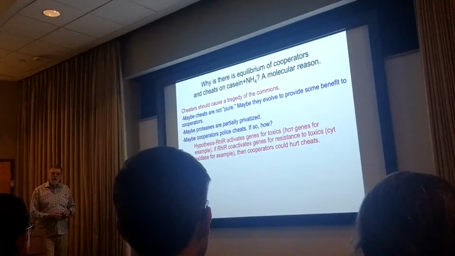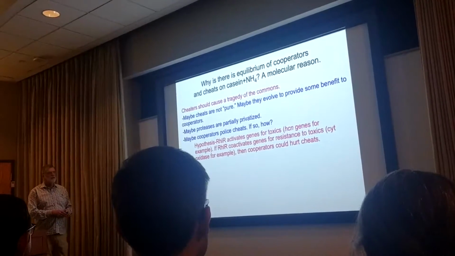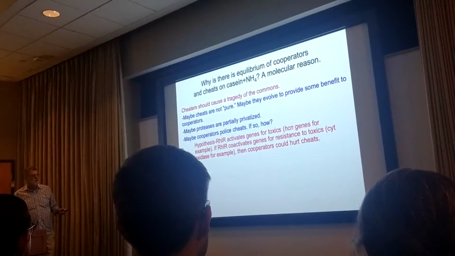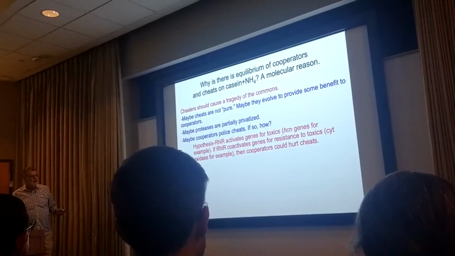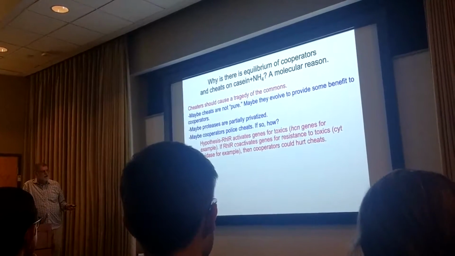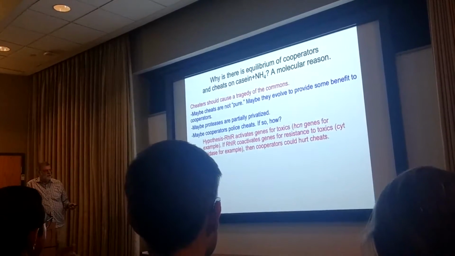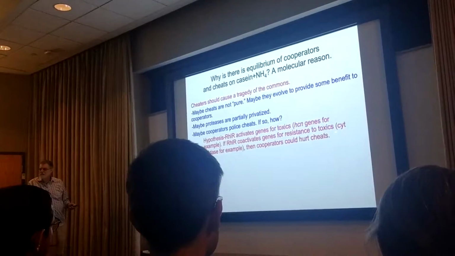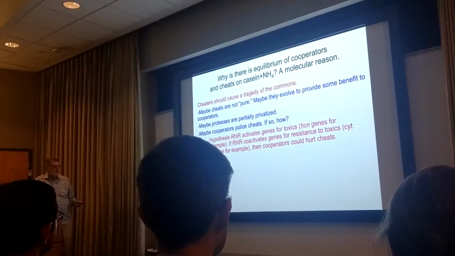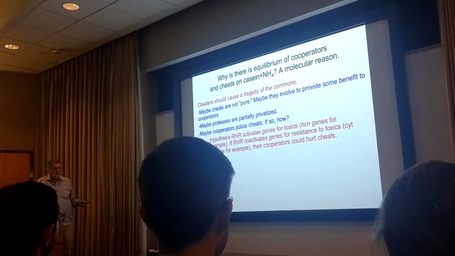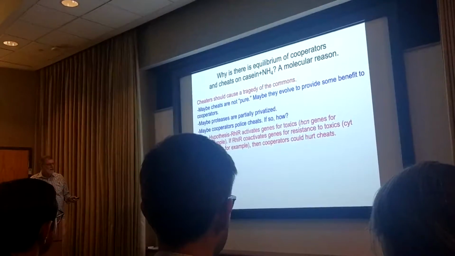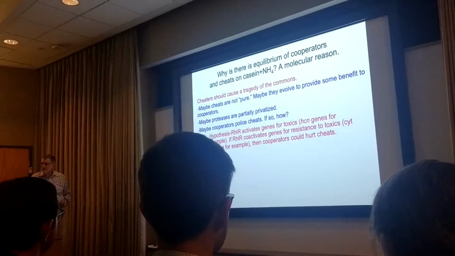And our hypothesis was that RELR, we know, activates genes for toxins, hydrogen cyanide genes, for example. And if RELR co-activates genes for resistance to toxins, and we recently learned that it does activate a cyanide-resistant cytochrome oxidase when cells are growing on casein, then the cooperators could hurt the cheats.